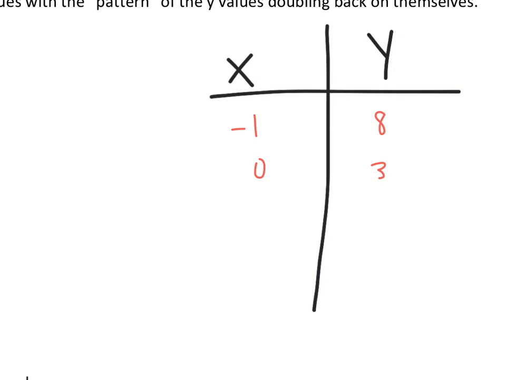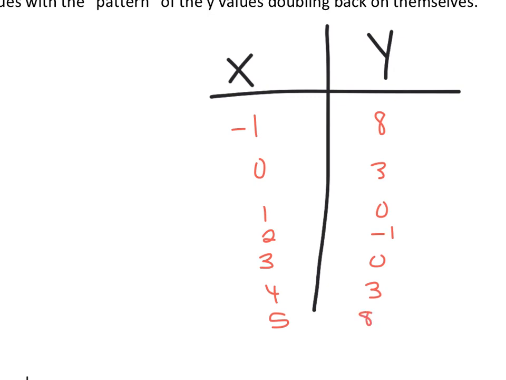I'm then going to go to 1, and I hit 0. Then go to 2, and I hit -1. Then go to 3, and I hit 0. Then go to 4. I'm assuming you see a pattern. And I hit 3. And then at 5, you guessed it, I'm going to hit 8.